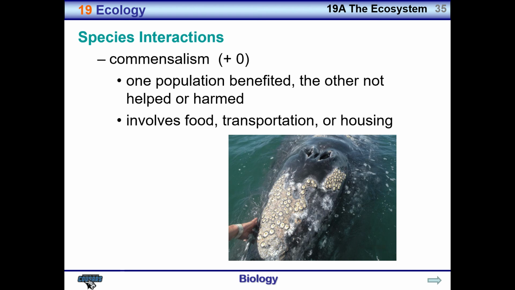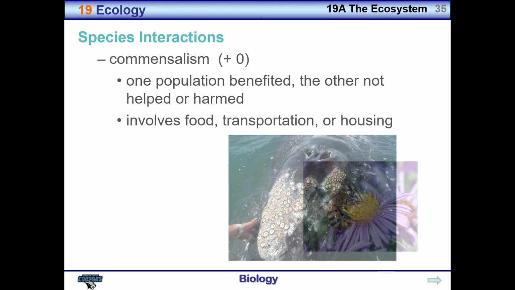We also talked about lamprey eels in a previous chapter that suck onto the side of a fish and are transported around. I guess in that case, it's probably more like a parasite because they do derive nourishment from their host.